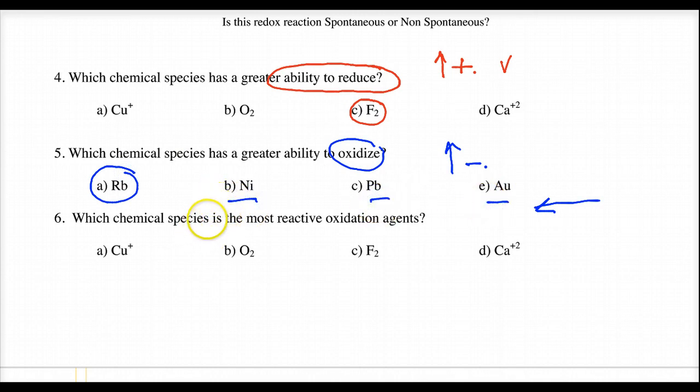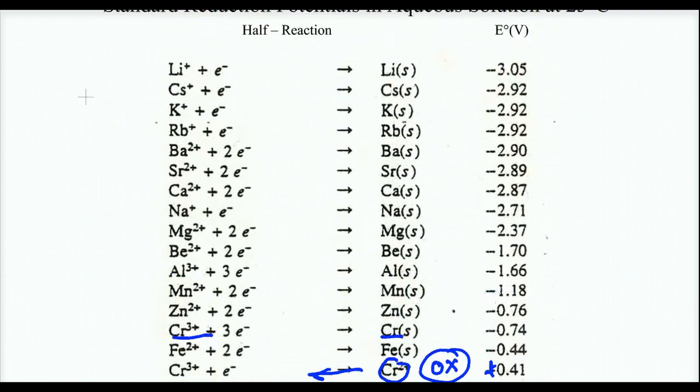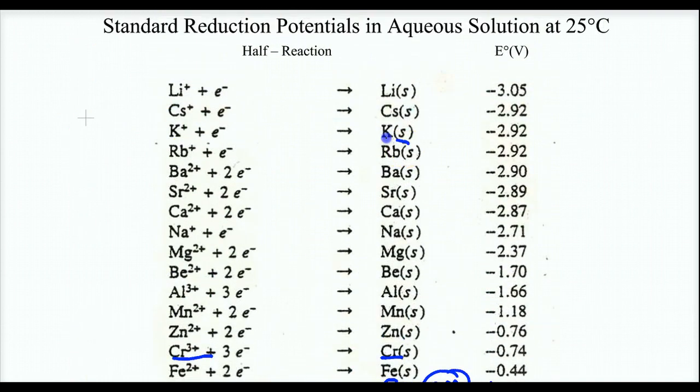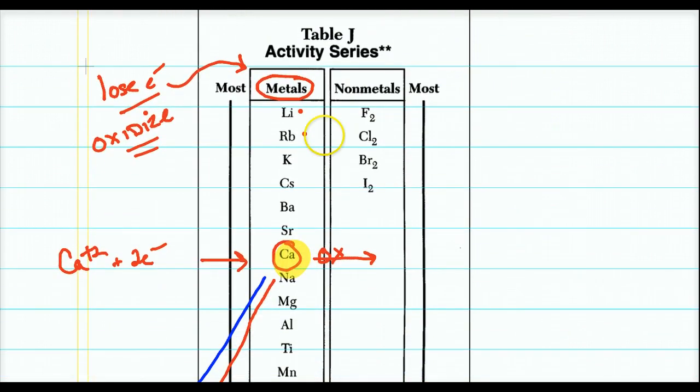Now, we can look at both tables to answer this, but going to our table here, rubidium of the 4 metals is higher than the other metals listed. And I could do this on table J as well. Rubidium is higher than the other metals, so of course it's better to oxidize than any other listed. Lithium, if it was posted, would win.